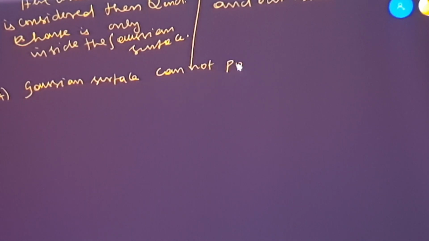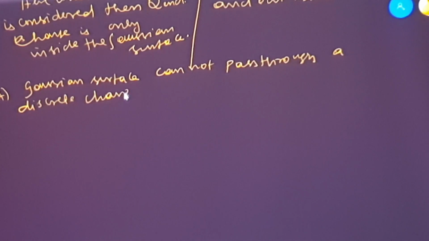I am writing this as the 4th point, and the 4th point states that the Gaussian surface cannot pass through a discrete charge. What do you mean by this?